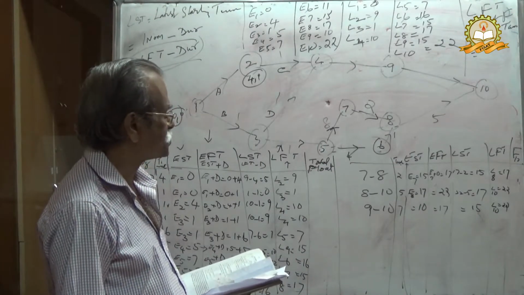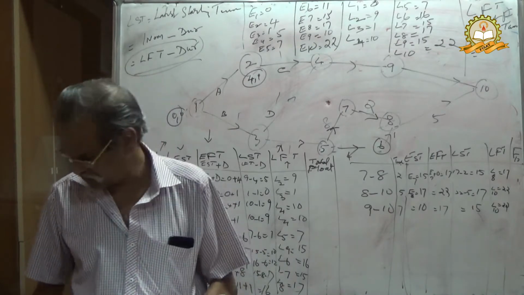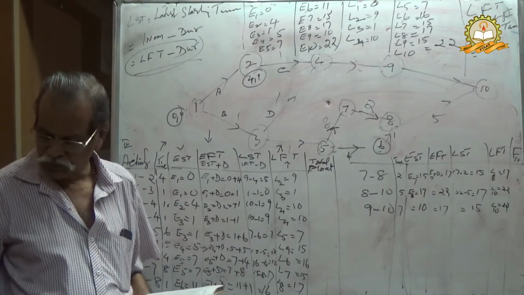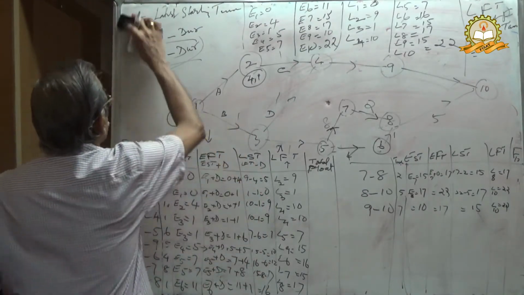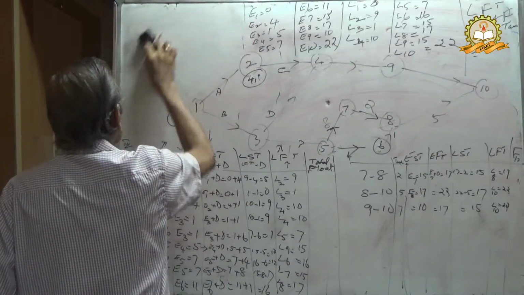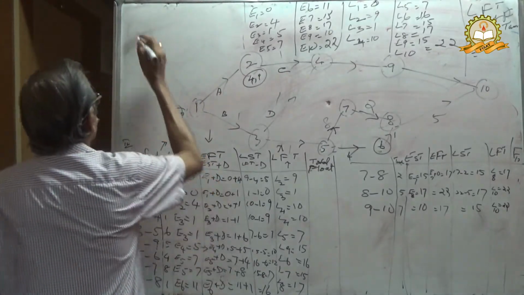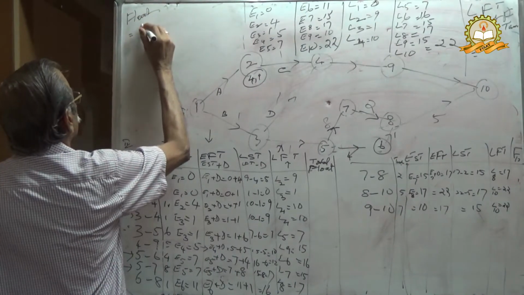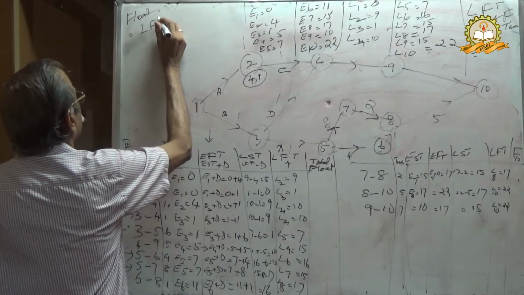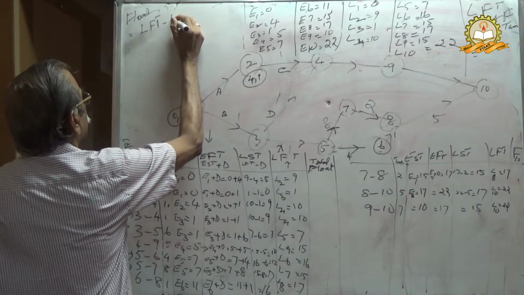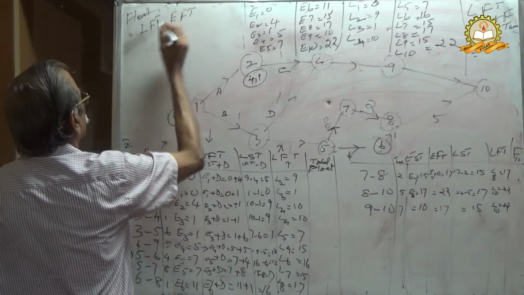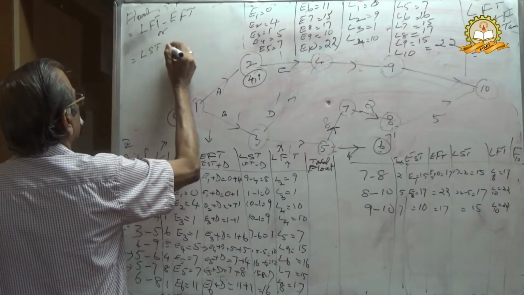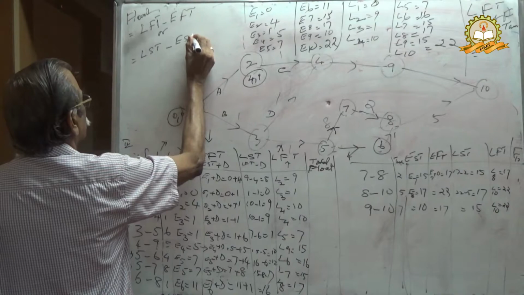Then the last column, float, is calculated. There are two formulas. Float equals LFT minus EFT, or LST minus EST.